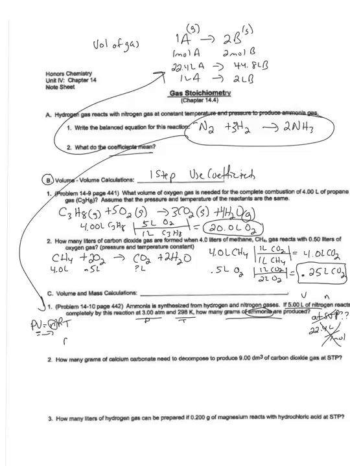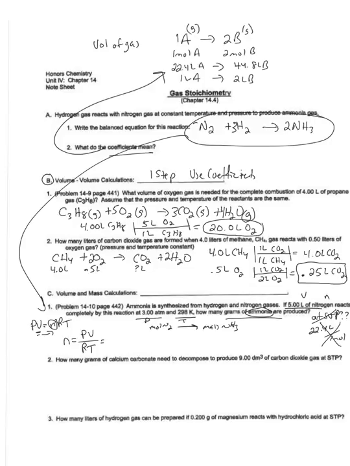So if I rearrange this equation and solve it for n, if I move the R and T over, if I divide it out, the pressure times the volume divided by the gas constant and the temperature is going to give me the moles of the nitrogen. Once I know the moles of the nitrogen, I can then do a mole to mass problem that we learned back about a month ago.